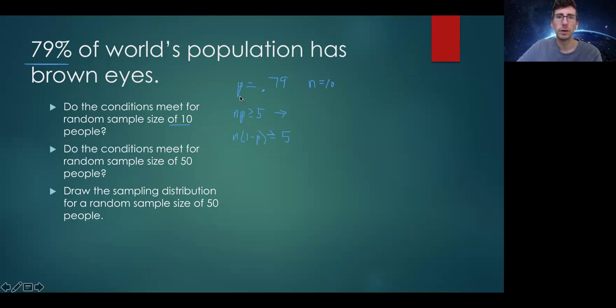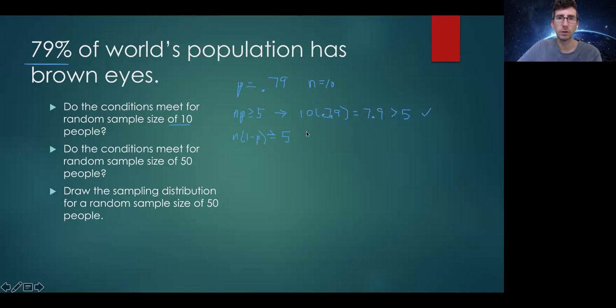We have our n and our p. So let's take the 10, multiply that by 0.79. 10 times 0.79, we just move that decimal place over one spot. This is 7.9, and this is greater than 5.